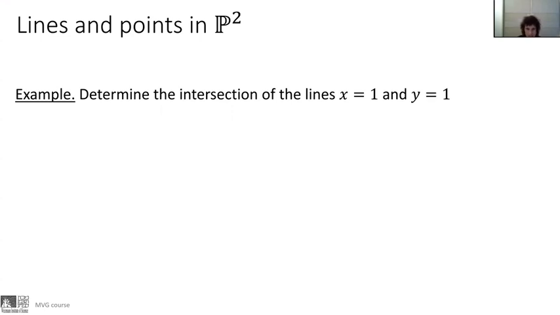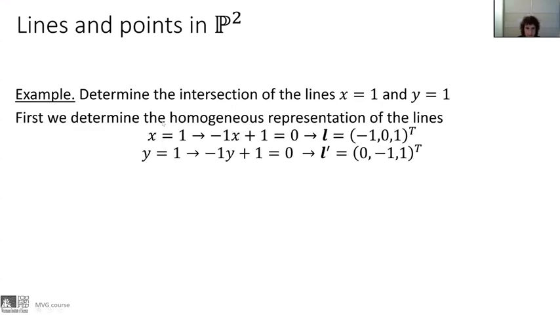So let's see what we get using this calculation. The line x equals 1 is minus 1x plus 1 equals 0, and therefore in homogeneous coordinates it's (-1, 0, 1), A, B, C, like what we had before. And this is the representation of y equals 1.